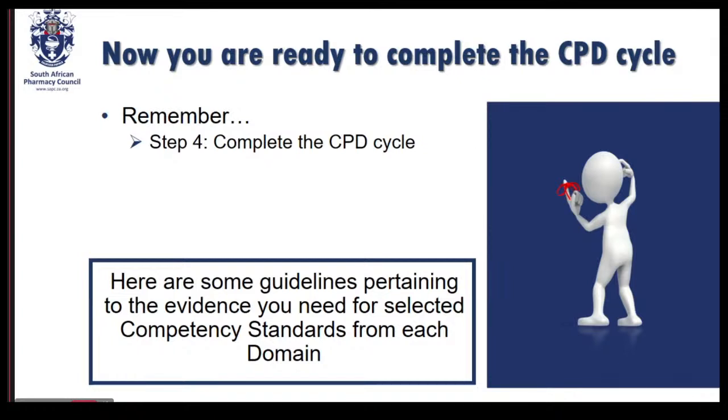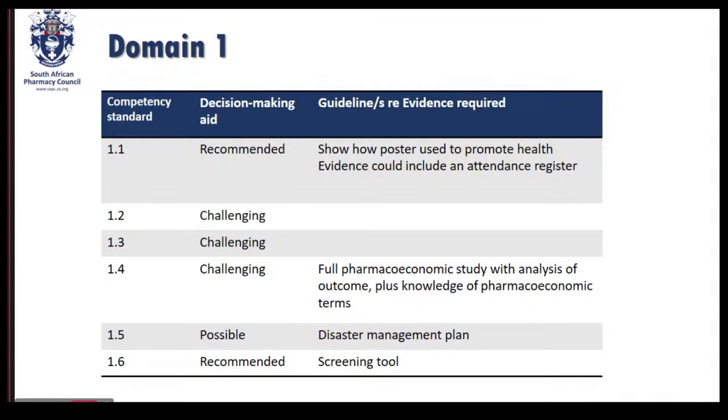Now you've been able to choose your competency standard, you're going on to step number 4, and you complete the cycle. We've also realized over the years that many interns have some difficulties with evidence. So we've prepared a similar outline in the next 6 slides, where we've taken the recommended competency standards, and we've given you a few tips, a few guidelines, a few pointers as to the type of evidence that you could use.